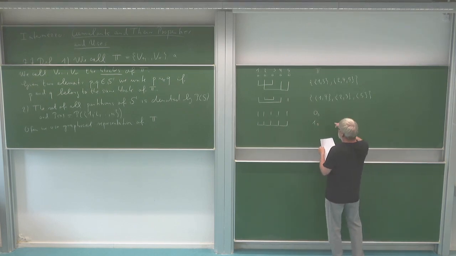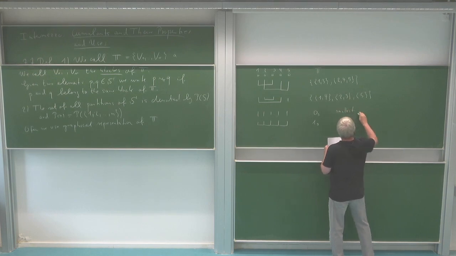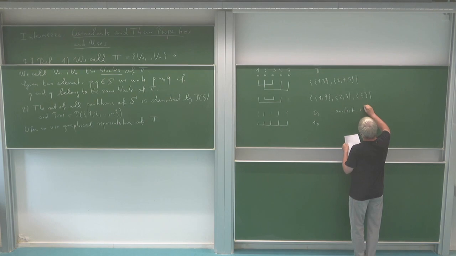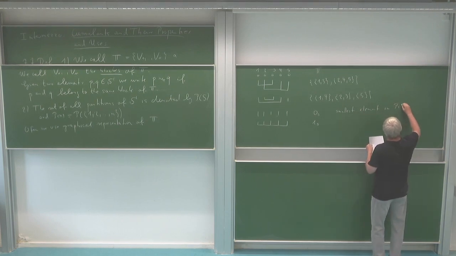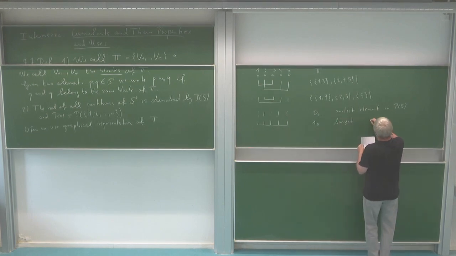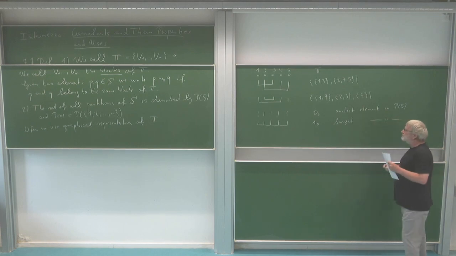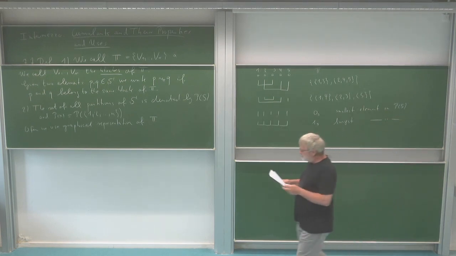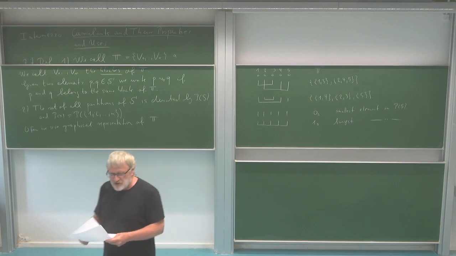So this is the smallest element in P(5), and this here is the largest element in P(5). Good.